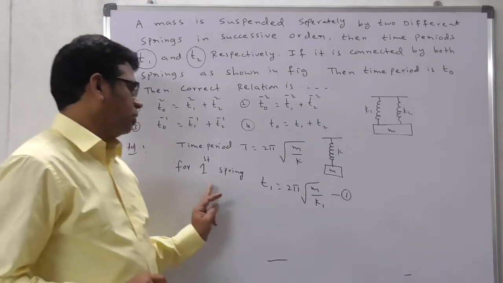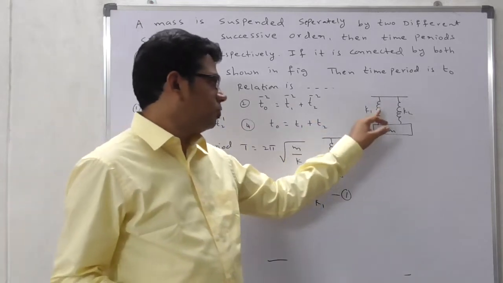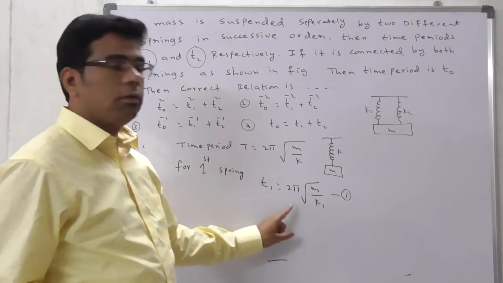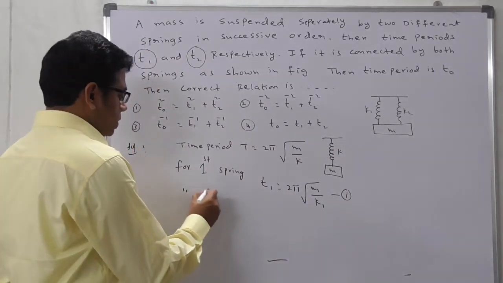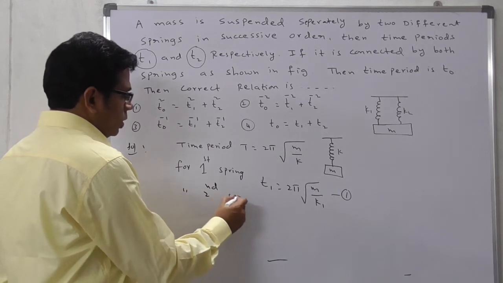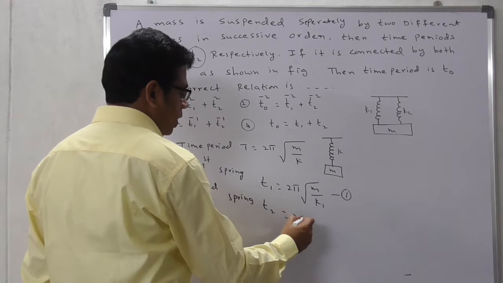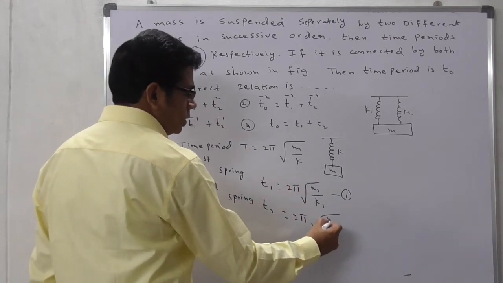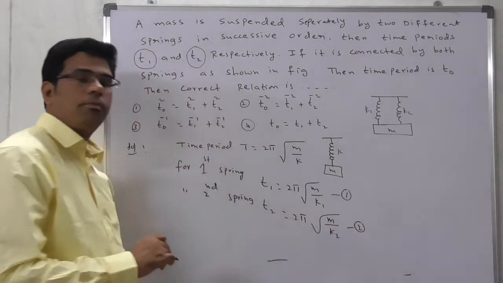For the first spring, spring constant K1, so T1 equals 2 pi under root m by K1. Similarly, for the second spring, the time period is T2. Using the standard formula, T2 is 2 pi under root m by K2, equation 2.